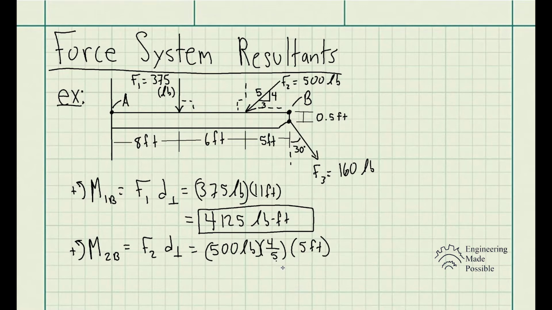In this case we can solve for the angle theta, but you don't have to. We could just use the opposite over hypotenuse. So 4 over 5 times the distance that's perpendicular, which is 5 feet, which gives us a moment of 2,000 pound-feet. Now let's go ahead and solve for the final force, F3.